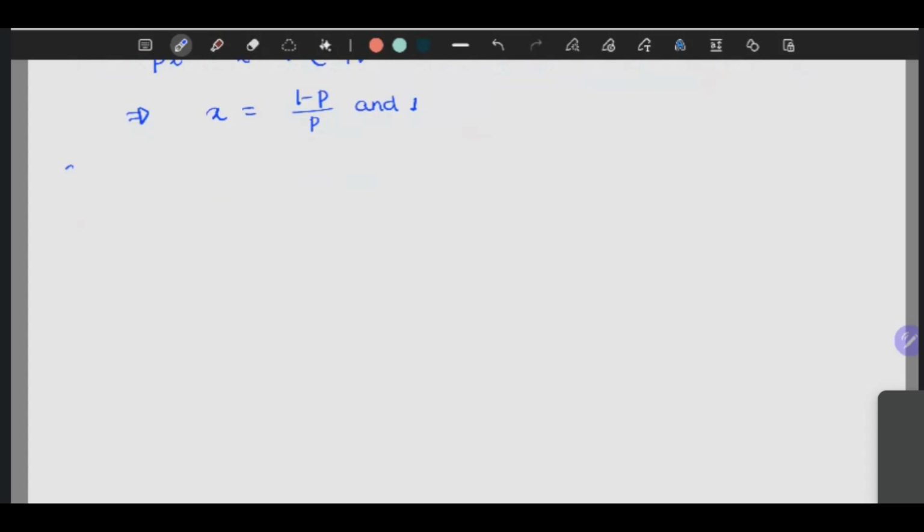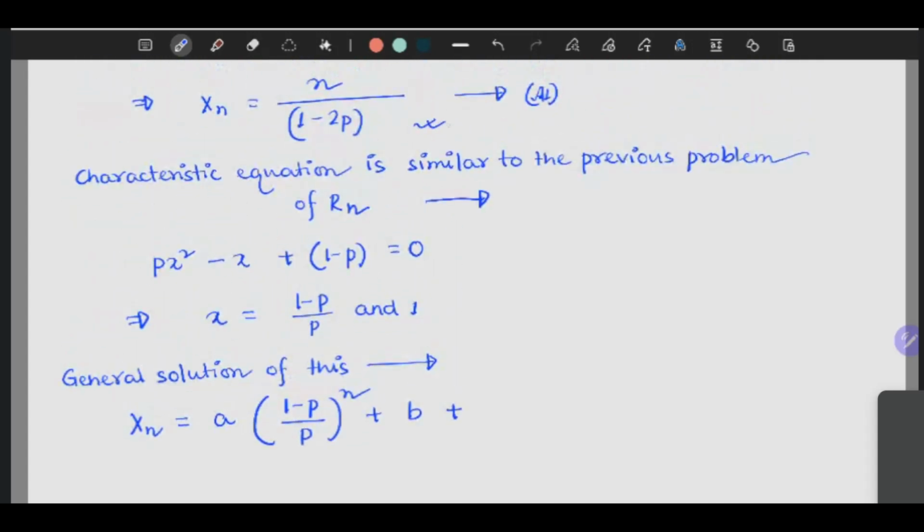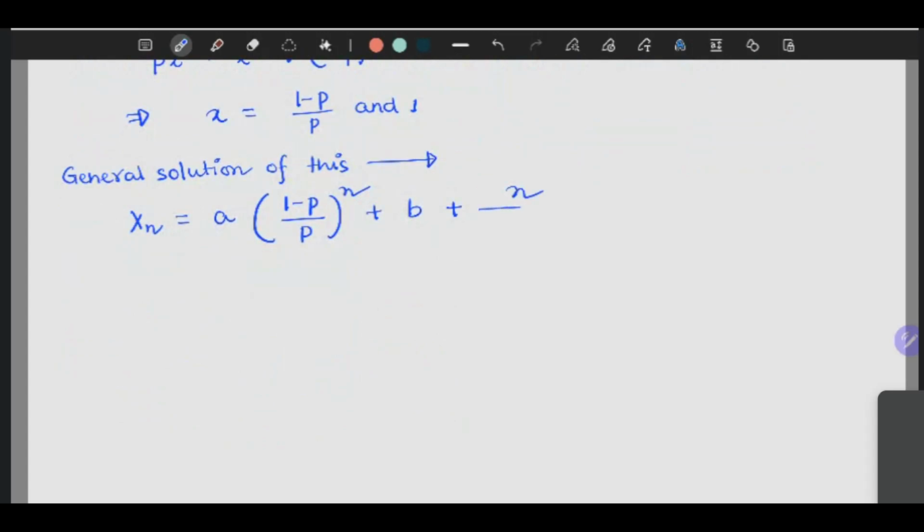So the general solution of this was xn is equal to a times ((1 minus p) by p) to the power n plus b, just a constant, plus this particular form, so n by (1 minus 2p).